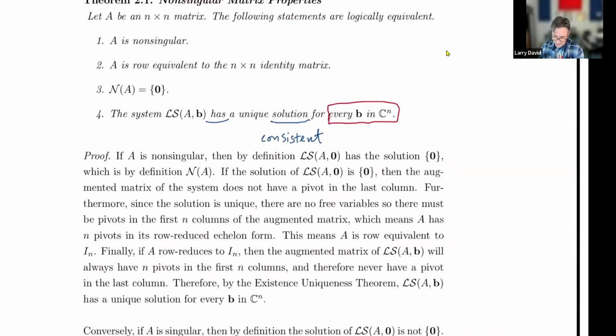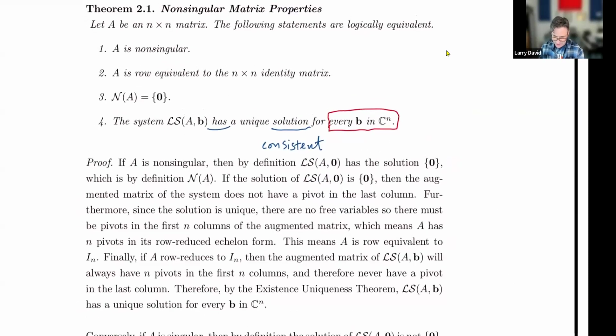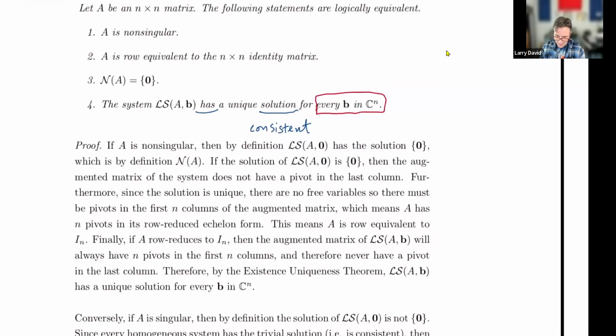I won't go through the details of the proof, although that's a useful exercise, both to learn how to do proofs and also to understand why this theorem is true. I'll just point out that because it's an equivalence theorem, these are all if and only if statements. In other words, 1 is true if and only if 2, 3, and 4 are true, etc. So the way I've done the proof here is sort of typical, where I start with one of them.